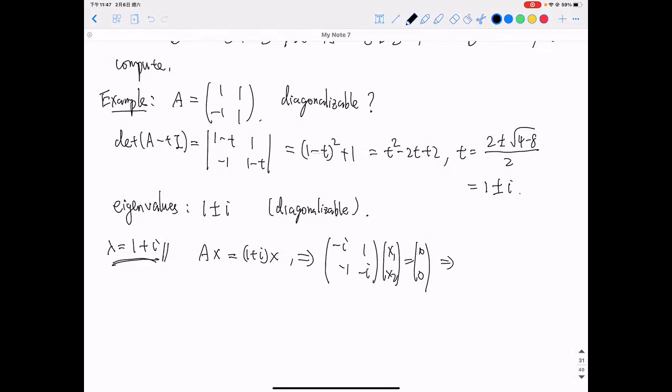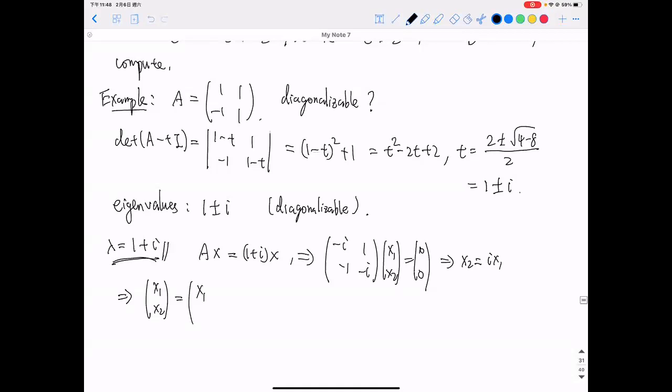So you're just getting that x2 is i x1. So the eigenvectors are (x1, i x1), that is, x1 times (1, i).